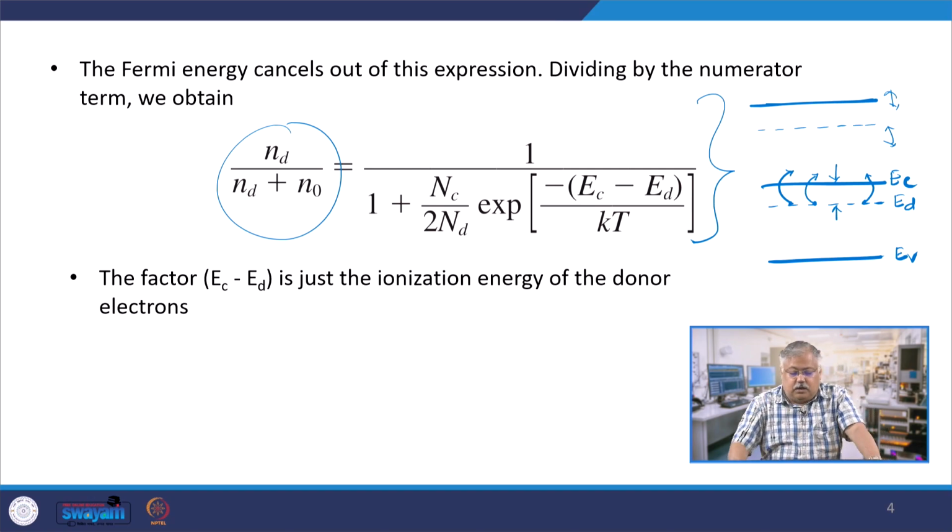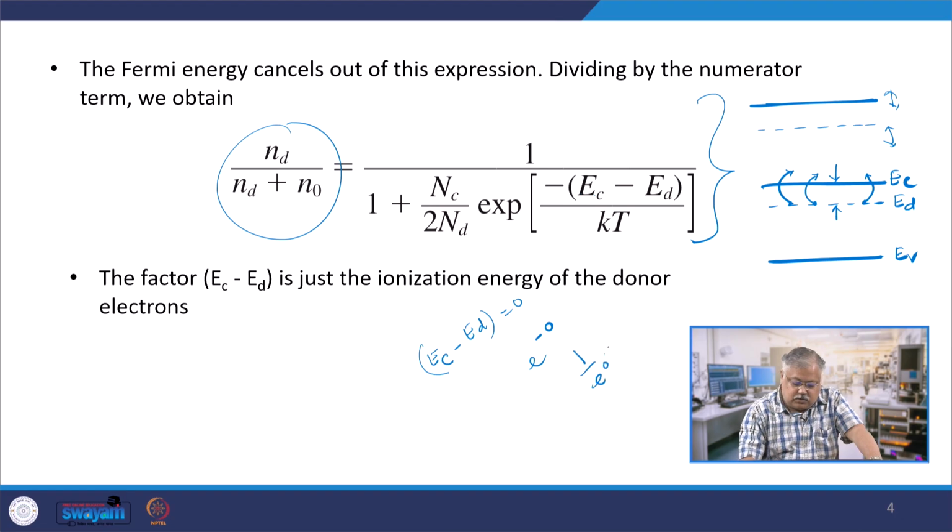Now if I say that EC minus ED is exactly equal to 0, which means that ED is overlapping with respect to EC, so it becomes 0. So I get e to the power minus 0, so I get 1 upon e to the power 0, and e to the power 0 equals 1. I get 1 over 1 plus NC by 2 ND.